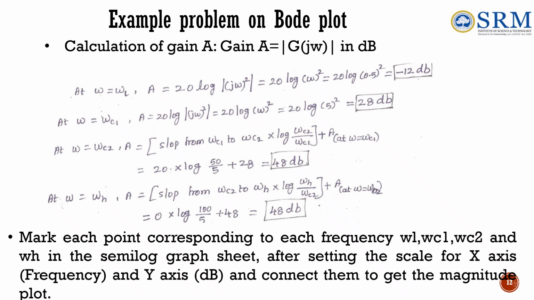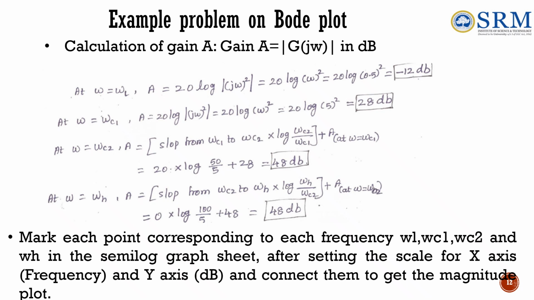At ω equal to ωH, the magnitude is equal to slope from ωc2 to ωH into log ωH by ωc2 plus magnitude at ω equal to ωc2. So here the slope from ωc2 to ωH is 0. Then 0 into log 100 by 50 plus 48, which is equal to 48 dB.